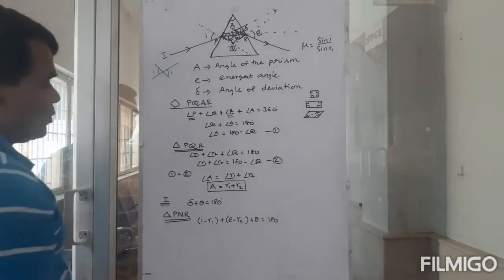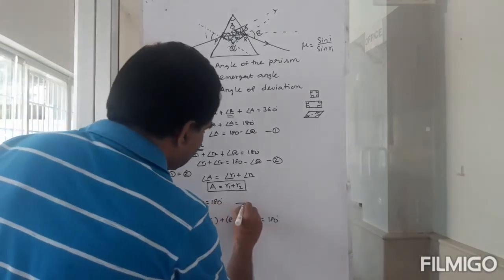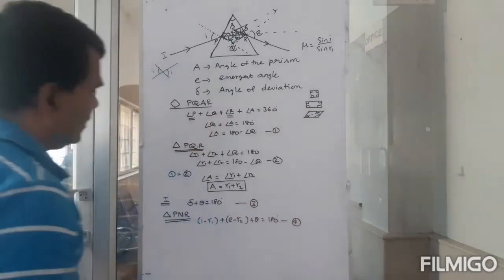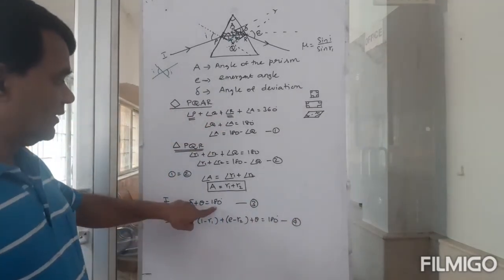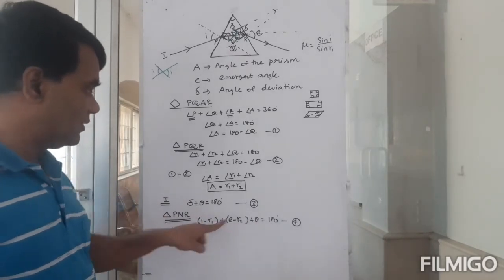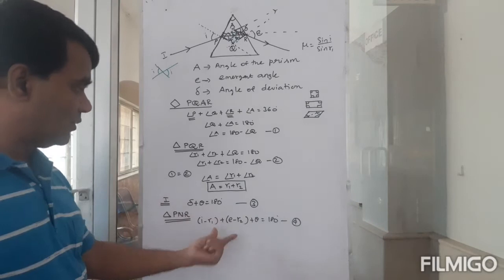Okay. So what have we got here? This is my expression 3, and this is my expression 4. Delta plus theta is 180 degrees. I got some quantity plus theta equal to 180 degrees. So then this delta must be equal to this.